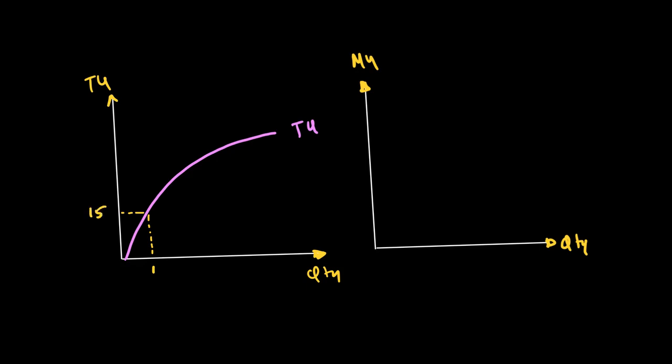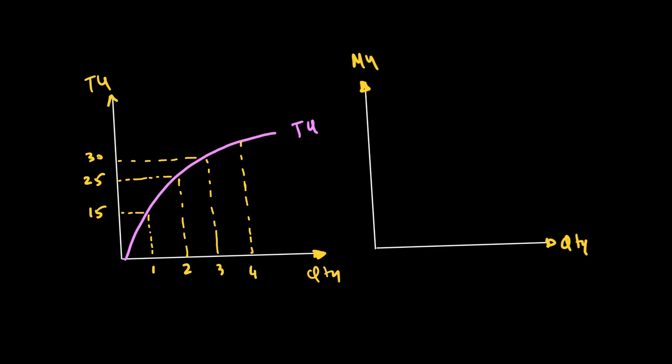So let's say when I consume the first cup, my total satisfaction is, let's say, 15. When I consume 2 cups, my total satisfaction goes to, let's say, 25. For the third cup, my total satisfaction goes to, for example, 30. I'm just making up these numbers, but I'm going to talk about the logic behind this in 1 minute.